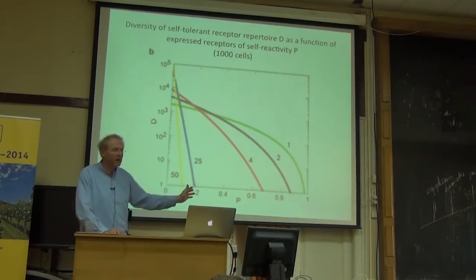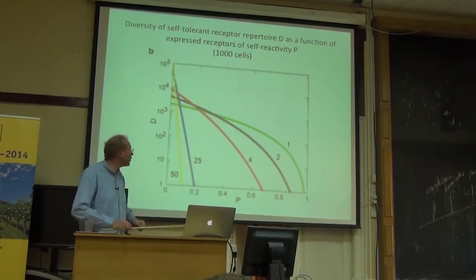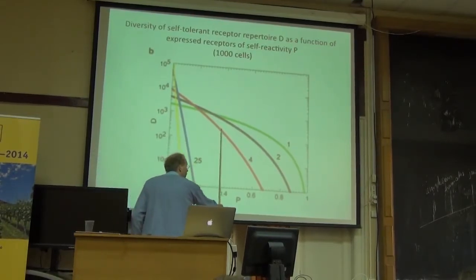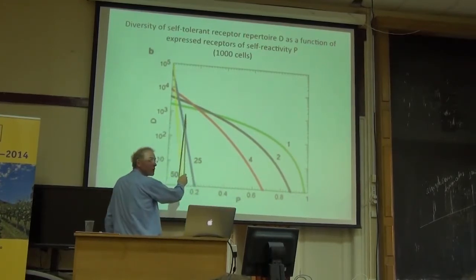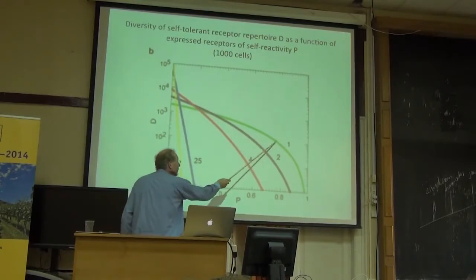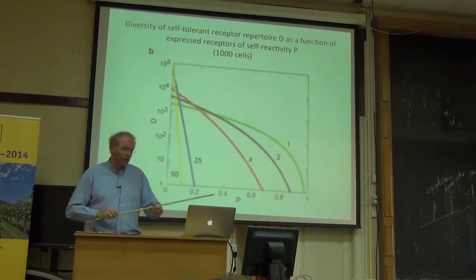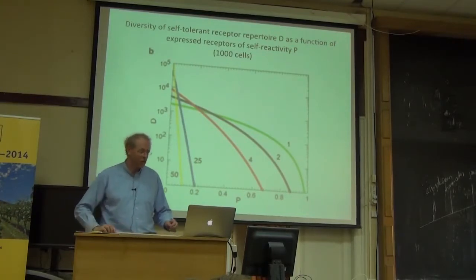So it's basically the average that you take. But the outcome will be the same. It's always at a certain probability of self-reactivity, the diversity of the resulting self-tolerant repertoire will be maximal for one co-dominant expressed locus. You can do the calculations tonight and you tell me tomorrow.